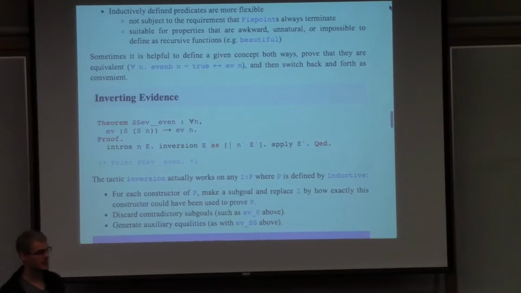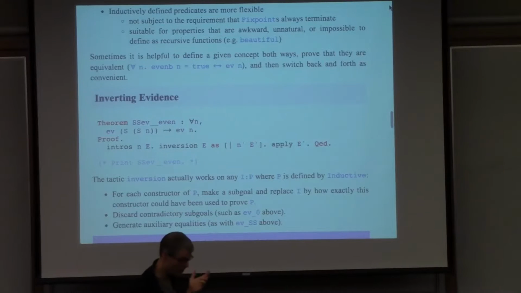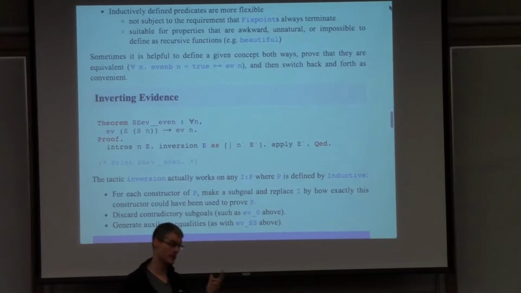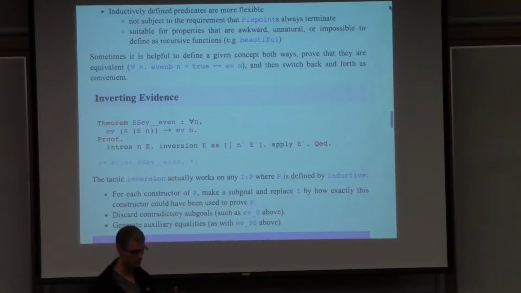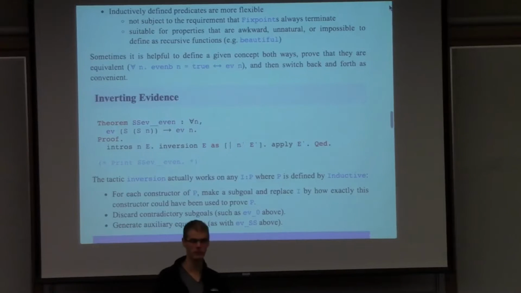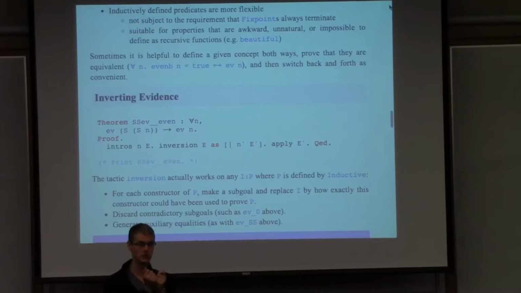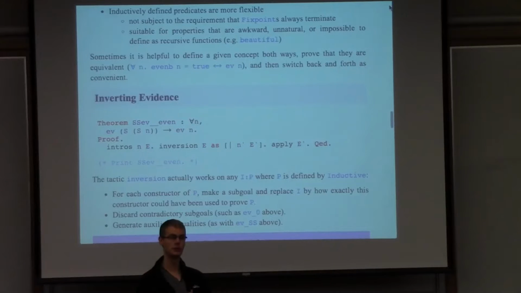It says, take a fact, take a hypothesis whose type is some inductively defined proposition, for example, equality, but other ones as well, evenness, beautiful, gorgeous, typing relation, whatever. And consider all the possible ways that that fact could have been established by applying a constructor to some data, and generate subgoals for each one.